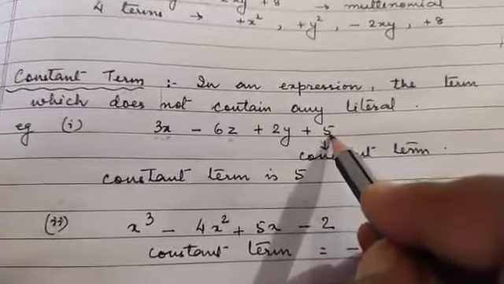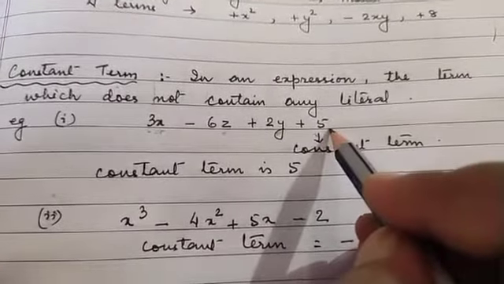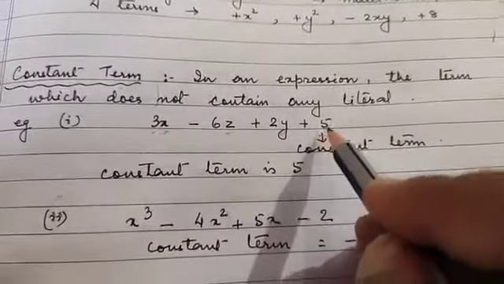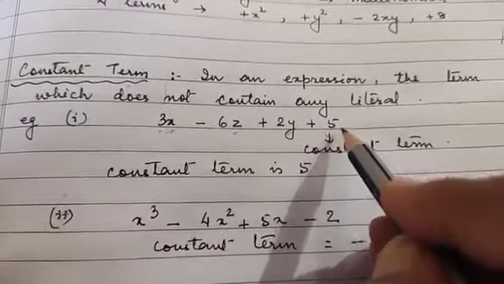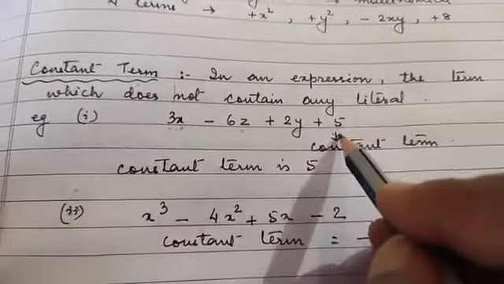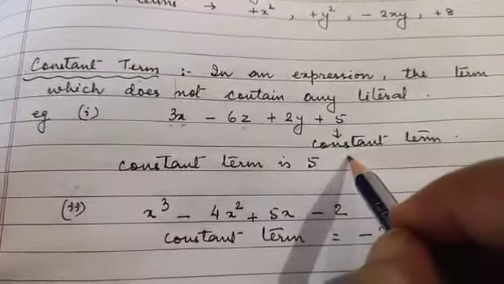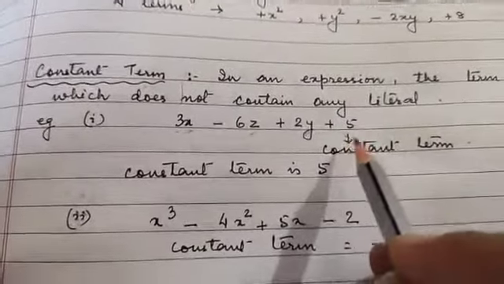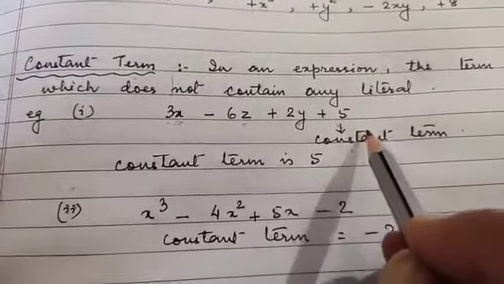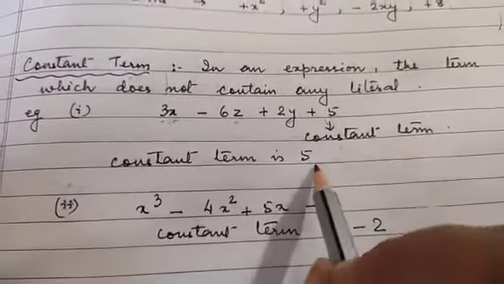But 5 does not carry any literal with it. Okay, 5 is the only term that does not contain any literal. So this is the constant term. So if you are asked to write the constant term, you will look for the term which does not contain any literal.